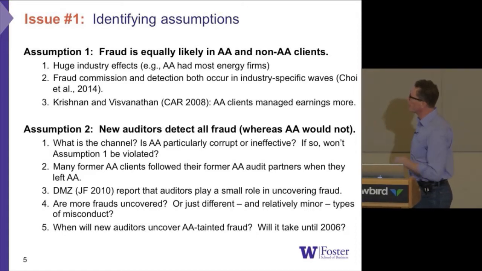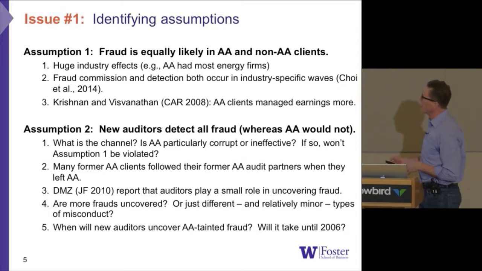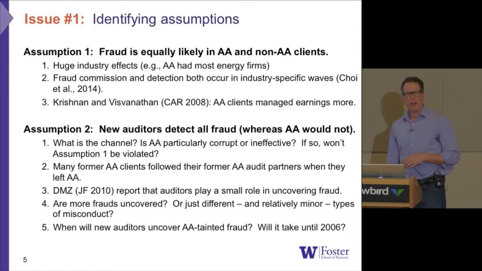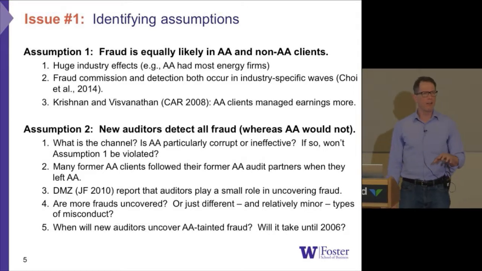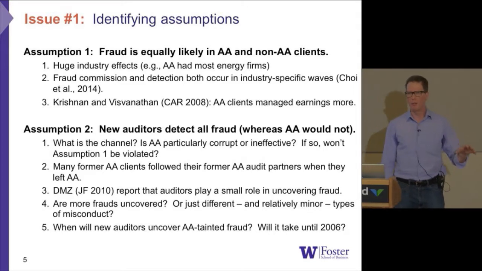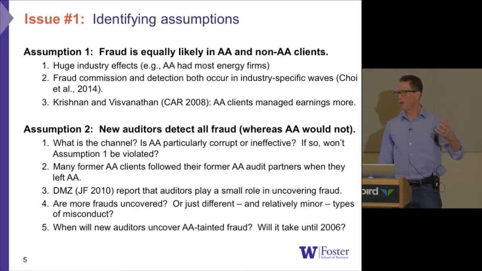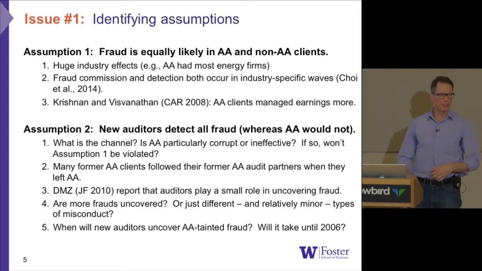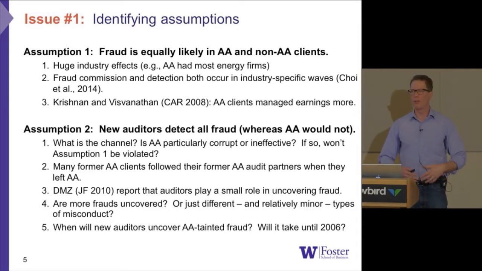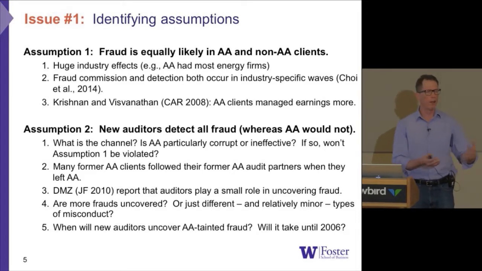I won't go through all the list under assumption 2, but as an example, a lot of former Arthur Andersen clients simply followed the audit team when the team left Arthur Andersen and went to a new firm. And this raises questions about whether these guys now working for Price Waterhouse are going to suddenly become more adept at uncovering fraud, especially if they're frauds that were ongoing while they were the audit partners previously.